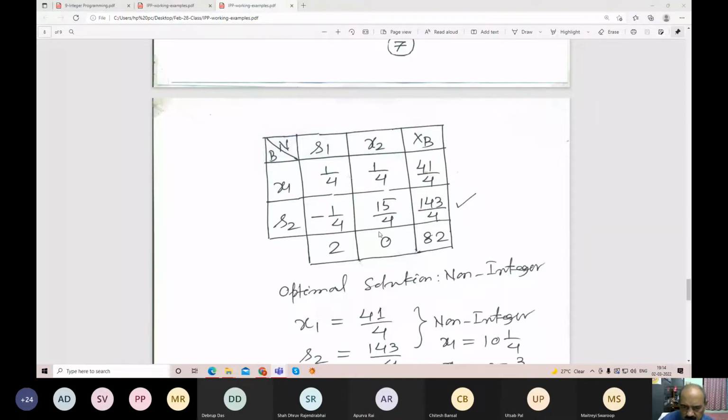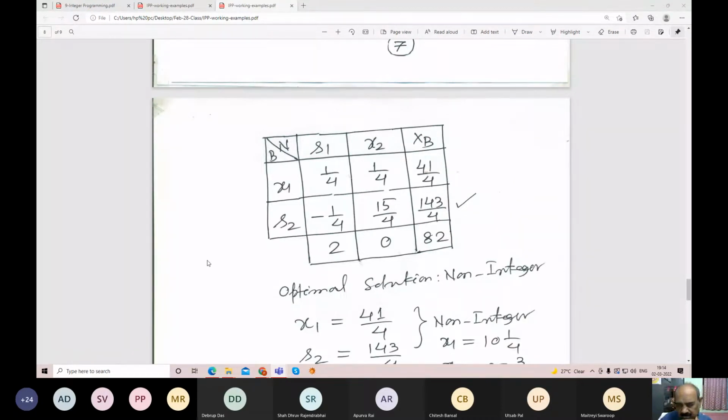So the 15 by 4 is the key element. If this is the key element, s2 will go and x2 will come. S2, the basic variable, will go, and x2, the non-basic variable, will come.